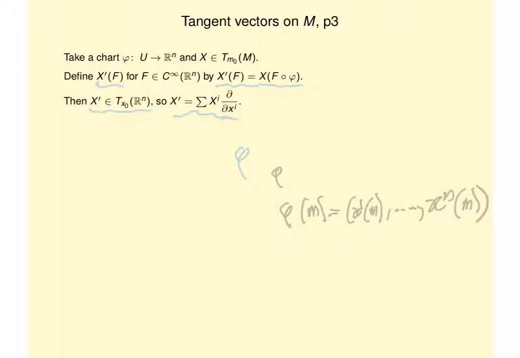Okay. So X prime is the tangent vector on Rn. We know that the tangent spaces to Rn are simply other copies of Rn, and that every tangent vector at a particular point can be written in this fashion. So that establishes that the dimension of the tangent space is indeed the dimension of the manifold.